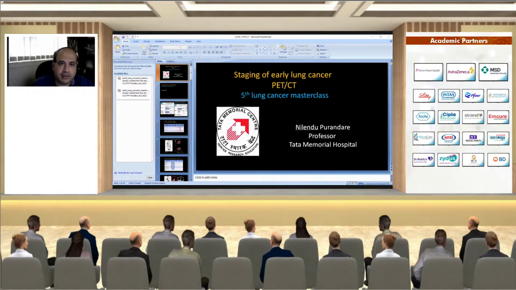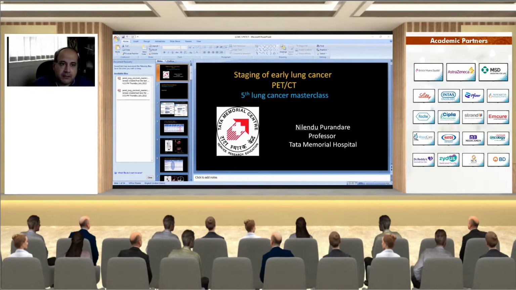Because if you look at the NCCN guidelines, you can see that across all stages of lung cancer, stage 1, stage 2, or in locally advanced lung cancer, FDG PET-CT has been recommended as an initial staging modality.